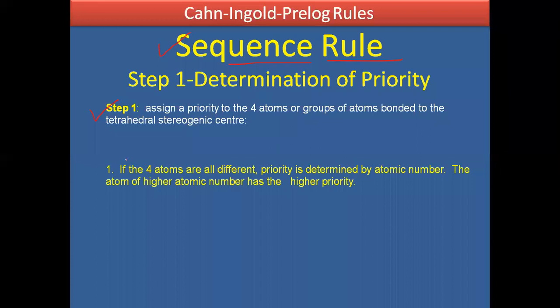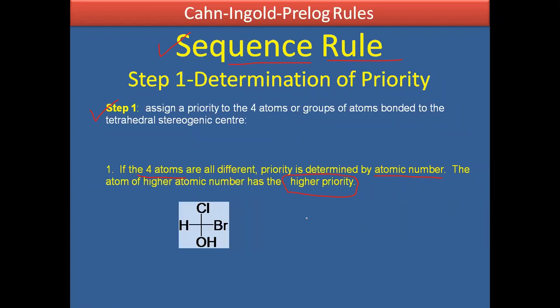In the first rule of the sequence, if the four atoms are different, then the priority is determined on the basis of atomic numbers. Those having higher atomic numbers get the highest priority, for the atom directly attached to the asymmetric center.